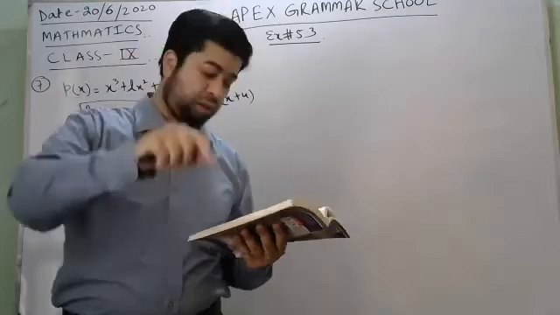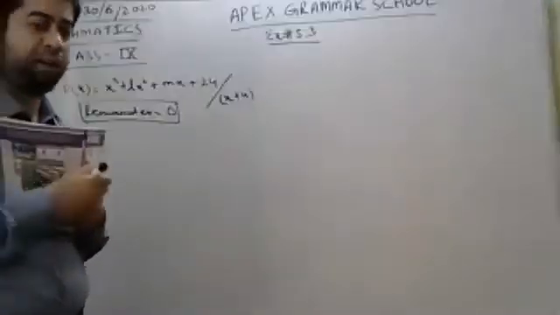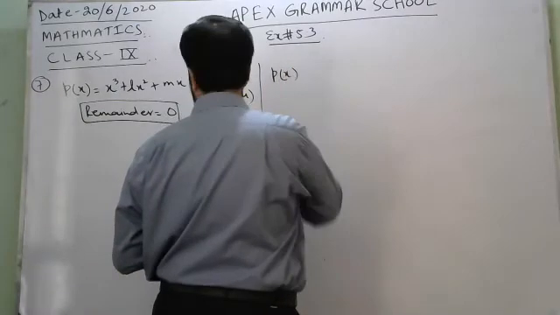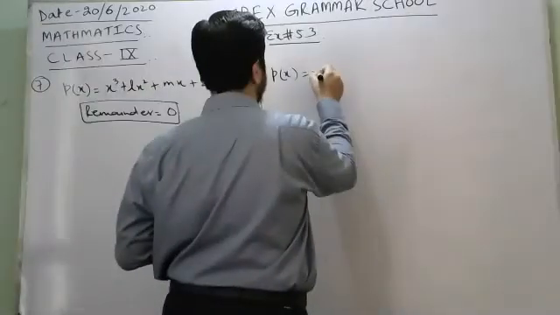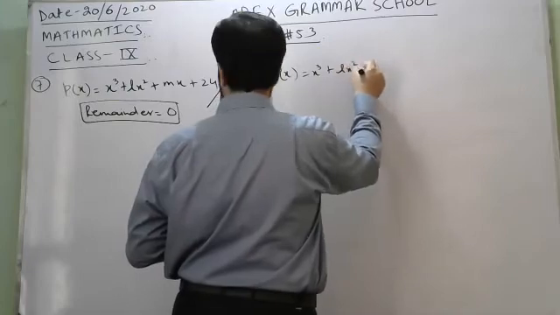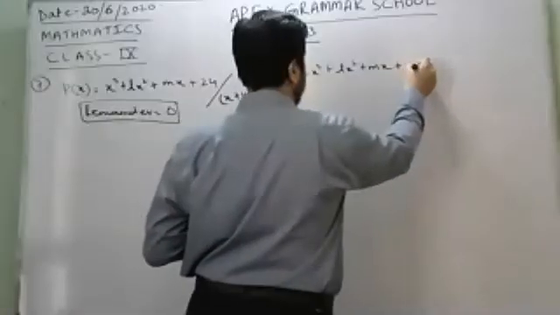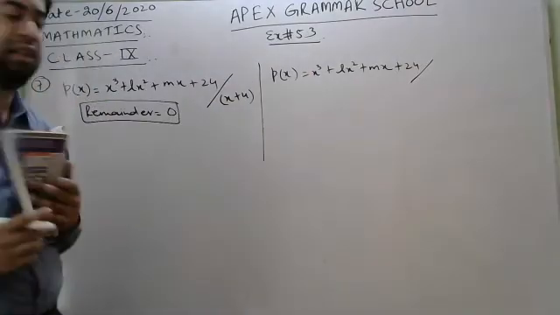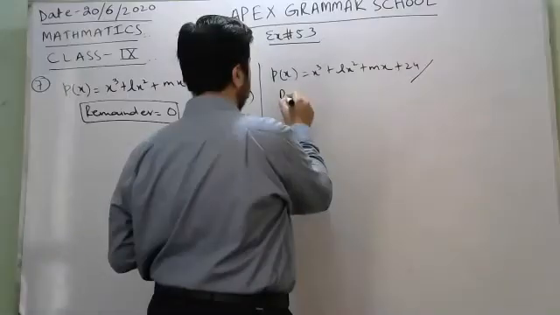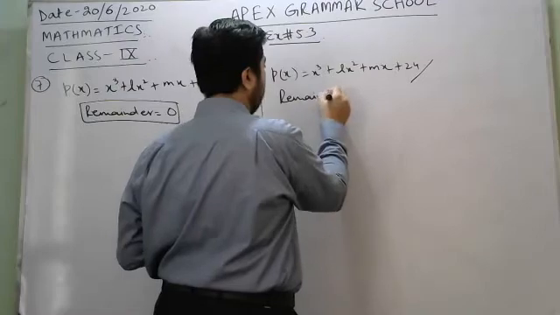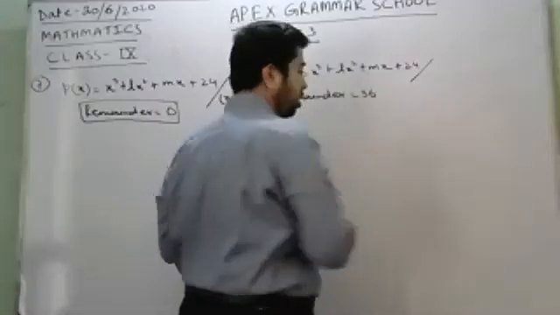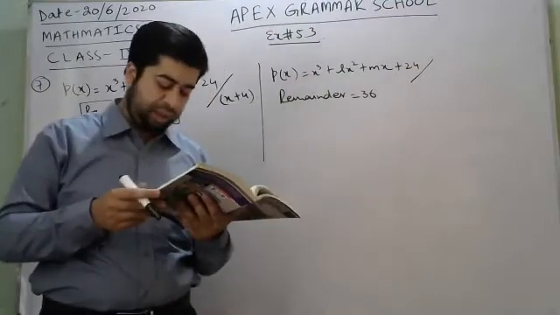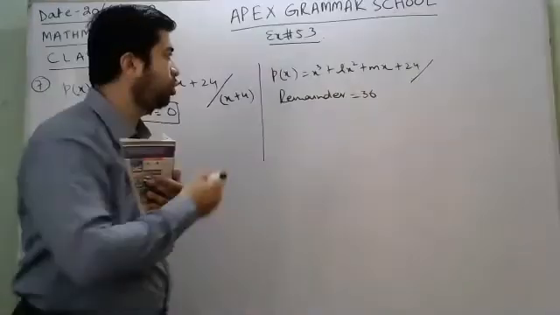And the other situation, where it leaves a remainder. For this polynomial, again p of x is equal to x cube plus lx square plus mx plus 24, it leaves the remainder of 36 when divided by x minus 2.